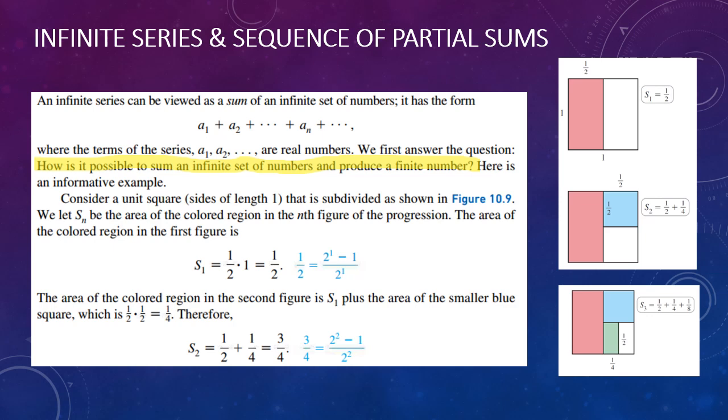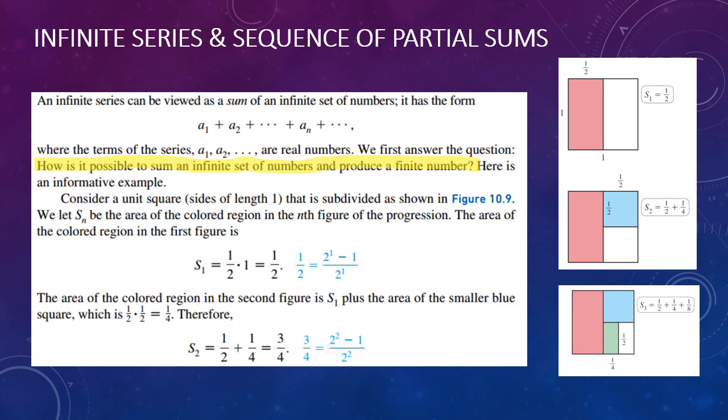This brings to mind a pretty obvious question: if we're adding up an infinite sequence of numbers that never ends, how could that sum ever possibly equal a finite number? Why wouldn't it just be infinite all the time?